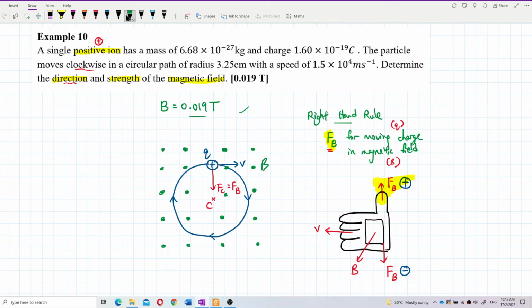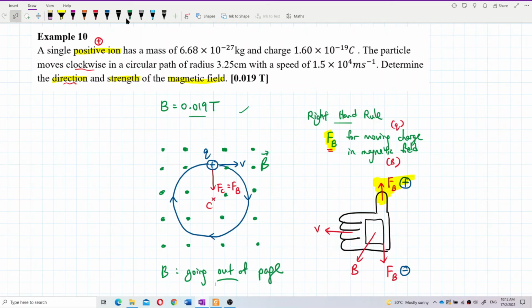So this is our magnetic field direction, going out of page.